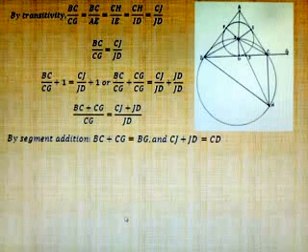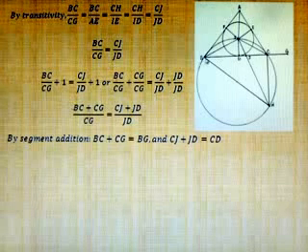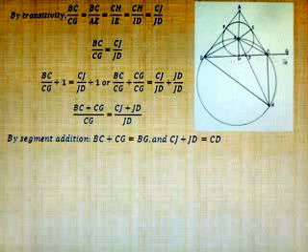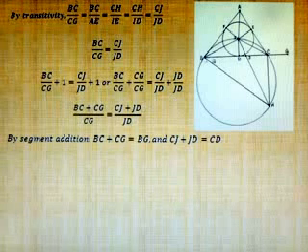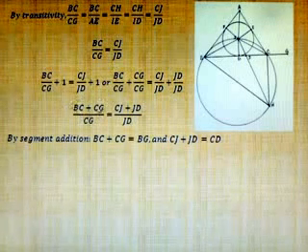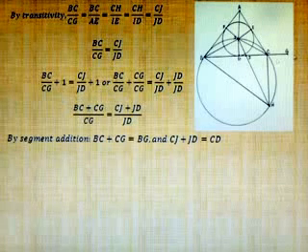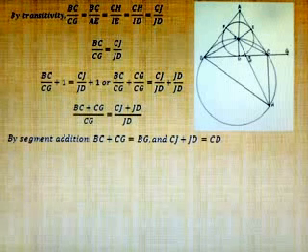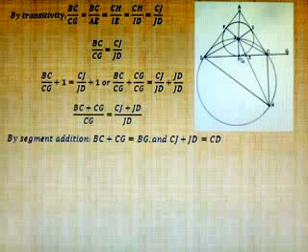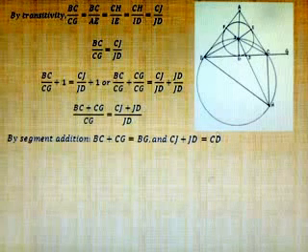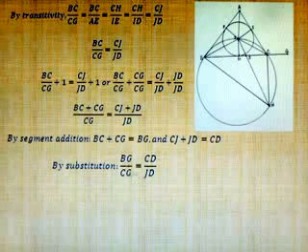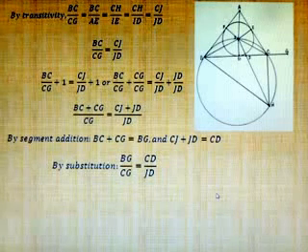Now, by segment addition, BC and CG is the same as BG. So we can replace this with BG. And CJ and JD, if we add those up, we get CD. So by substitution, we substitute in our numerator, so we still have an equal ratio.